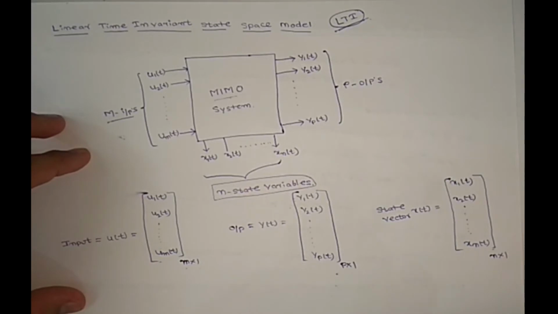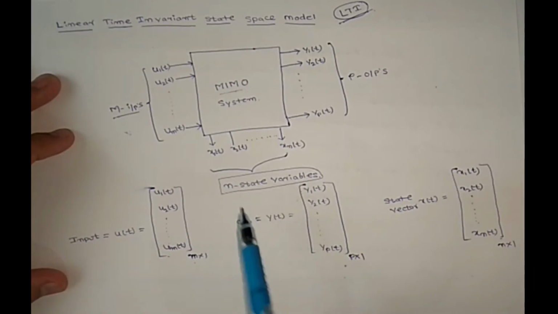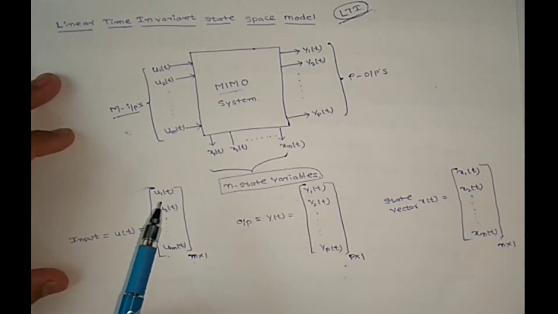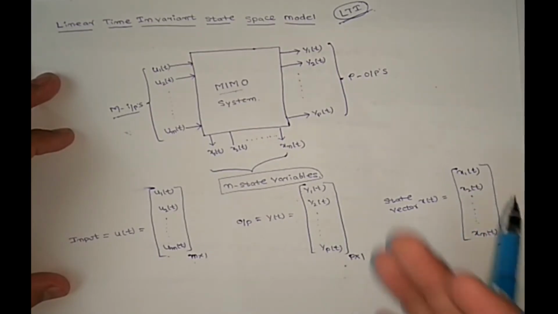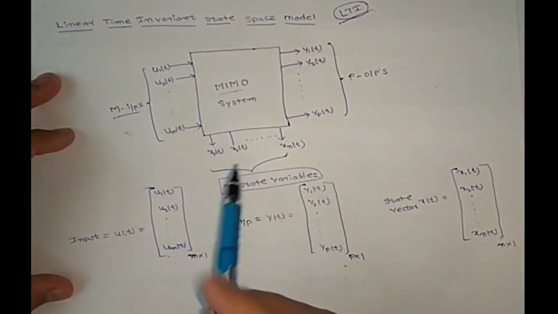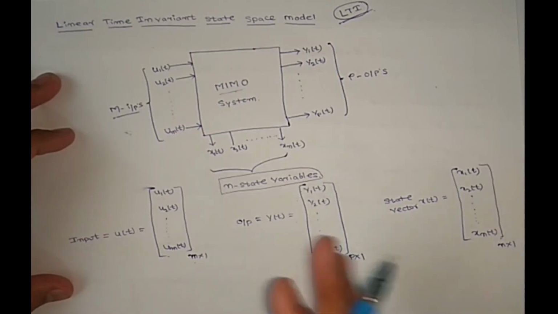For the state space model, if you know matrices or linear algebra, you can solve these models easily. Now how are the input, output and state variables linked, and what equations connect them? There should be some relation between input, output and state variables. Let us see how they are related.